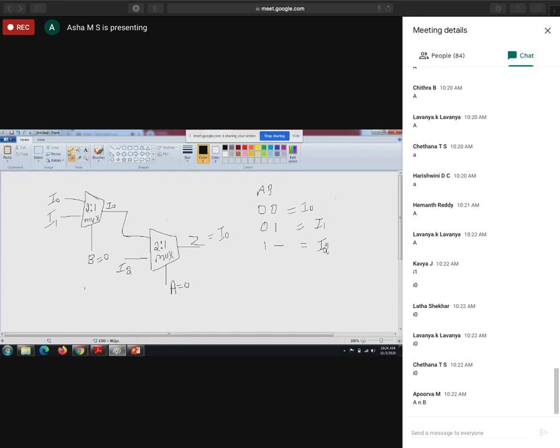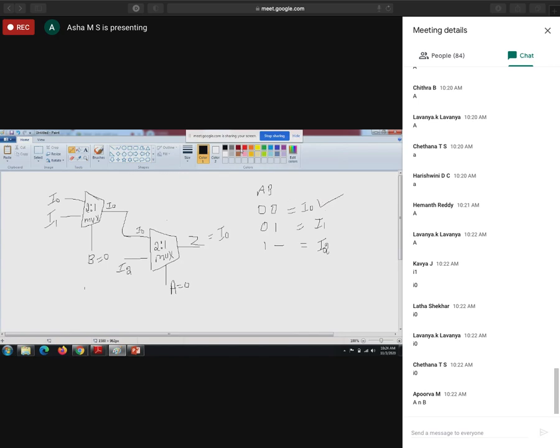When B equal to 0, from this multiplexer I naught will be selected. So what is the input of this multiplexer? This is I naught. When A equal to 0, the first input will be selected. So at Z naught, I am having I naught. So when A equal to 0, B equal to 0, I need to select I naught, and I have I naught. So this is accepted. The first condition is accepted.